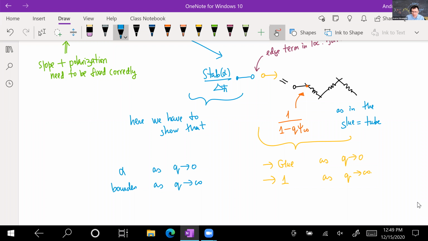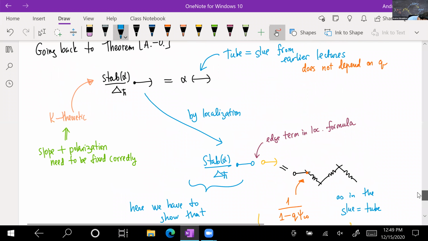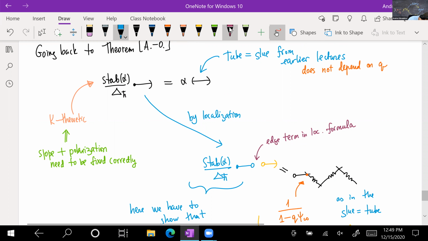Right. So this means we have some integral, and this is a proper integral. This object is proper. So a Laurent polynomial in q.